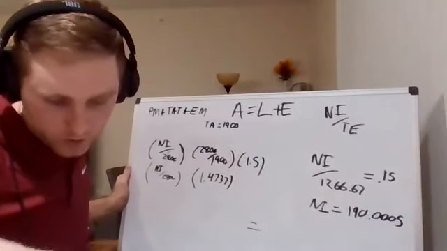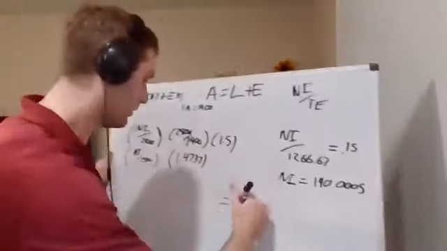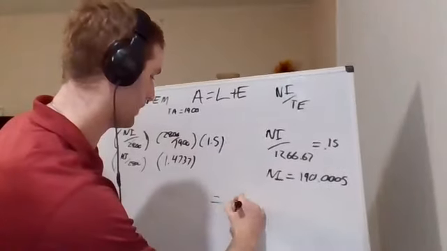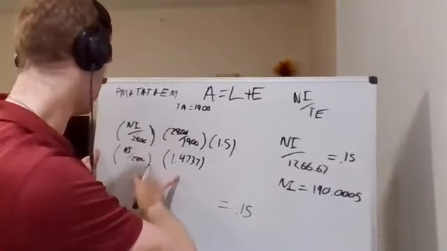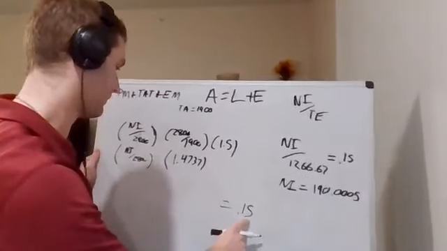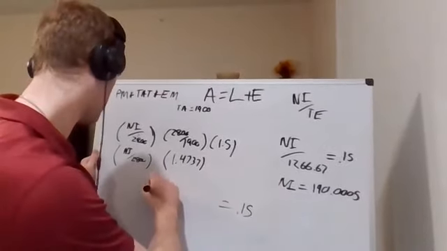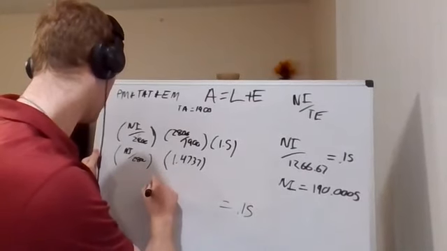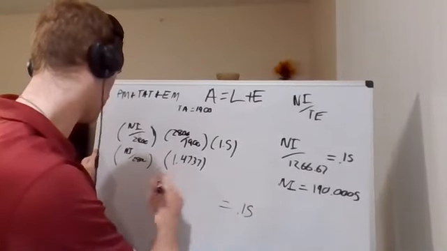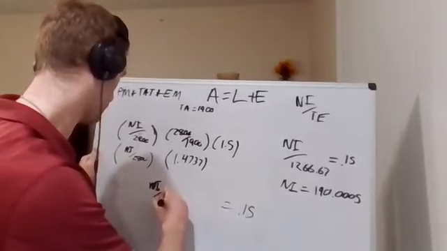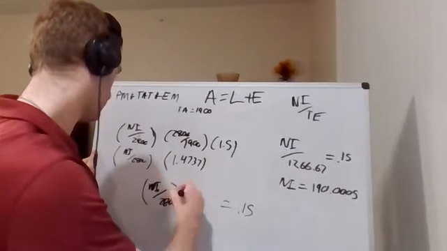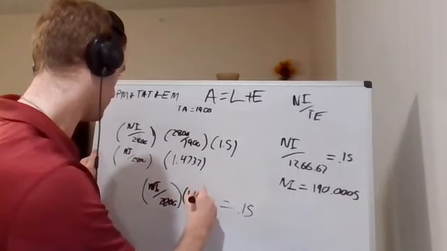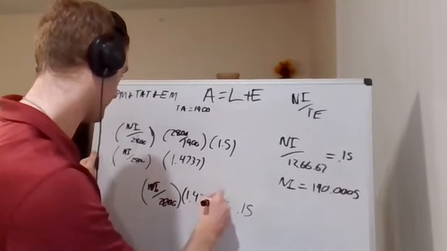Oh, okay, yeah. So return on equity, which is all of what all this is going after, is 0.15, right? So here we still have these two. That's where I was confused on. I needed something on the other side of the equation. So I've got NI, net income, 2,800. And here I've got this 1.4737.